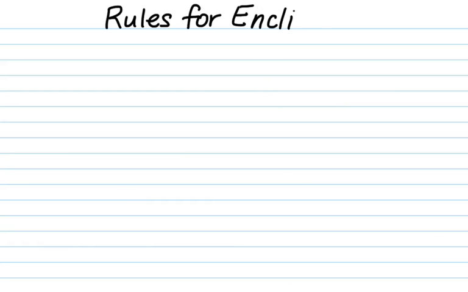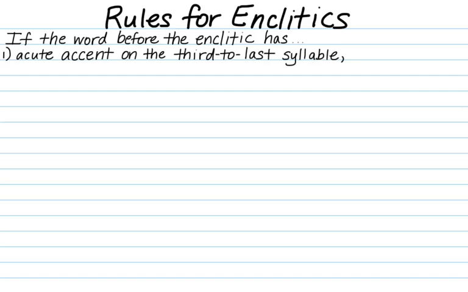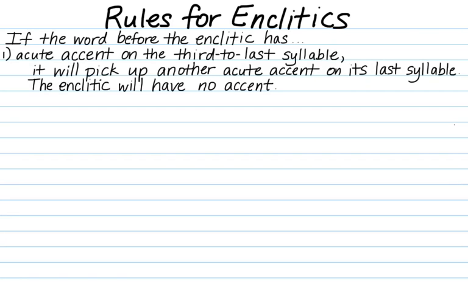This slide explains the rules for enclitics. If the word before the enclitic has an acute accent on the third to last syllable, that word will pick up another acute accent on its last syllable. The enclitic will have no accent.